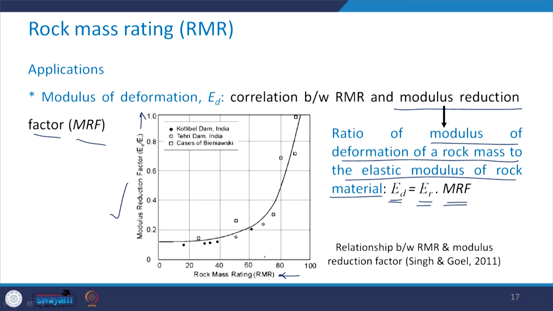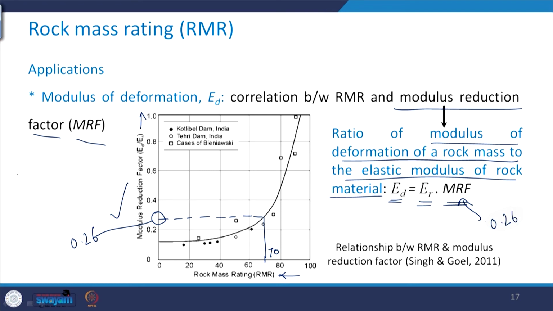So, I take here the value 70 and I draw a vertical line up to this plot, and then I take this horizontal line from this point and I can read this value, say this is 0.26 in this case. So, corresponding to RMR of 70, we have this MRF equal to 0.26.